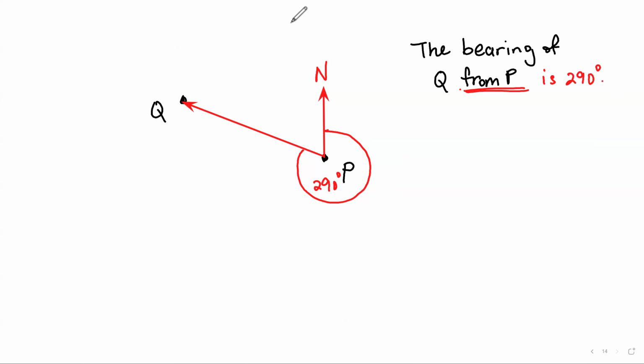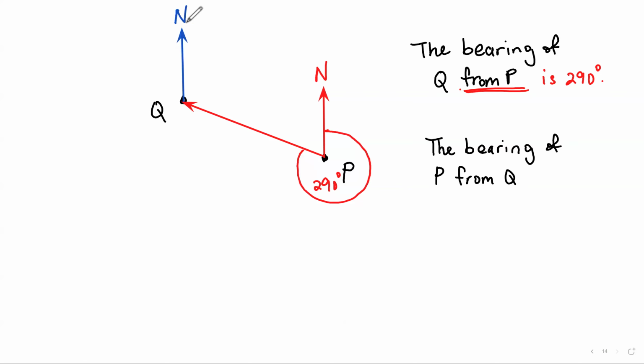And if I wanted to find out what is the bearing of P from Q, well, if it's from Q, the north line has to go at Q. So let's put that in first. So my north line goes at Q, right? Let me label it. So that's my north line.